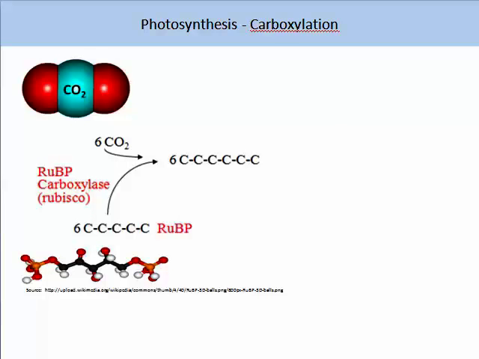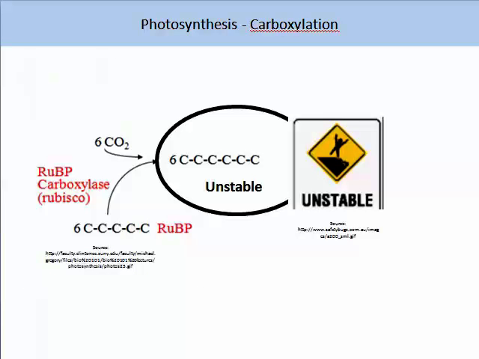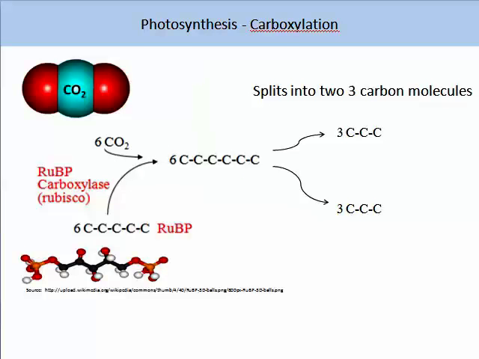Here we have another illustration showing the process of carboxylation. We have carbon dioxide and RuBP, and this combines to form a 6-carbon molecule. This 6-carbon molecule is very unstable, and so immediately breaks into two 3-carbon backbones or molecules.